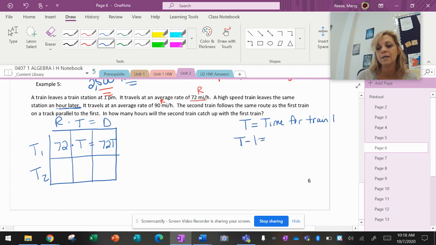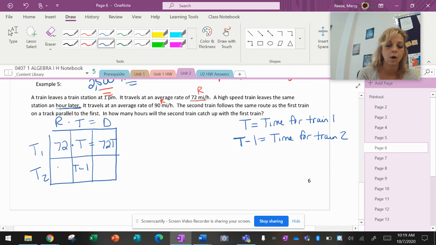So let's say the first train's on the track for 5 hours. That means the second train's only on the track for 4 hours. Because it goes faster, it's going to catch up. So you're going to do t minus 1 is the time for train 2.